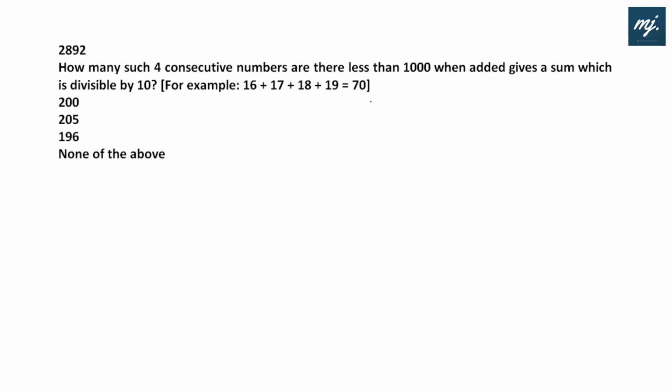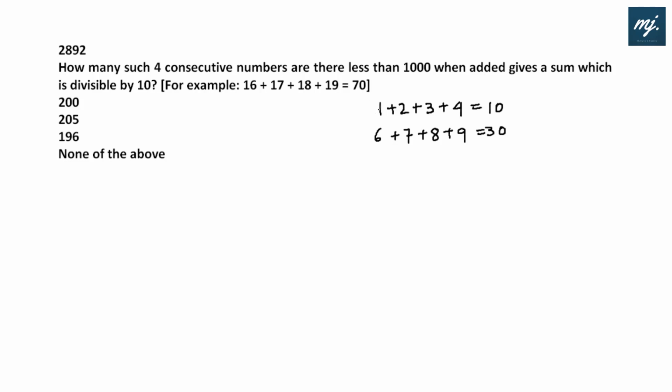Now if we take the first 4 consecutive numbers, 1 plus 2 plus 3 plus 4, that is 10, it is divisible by 10. And then 6 plus 7 plus 8 plus 9 is 30, which is also divisible by 10.